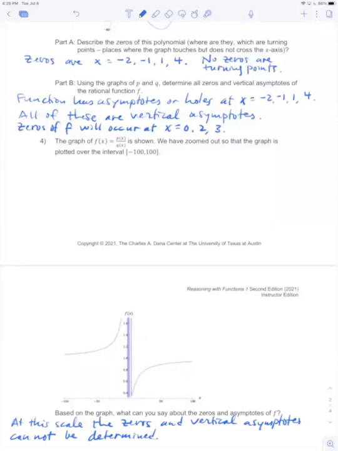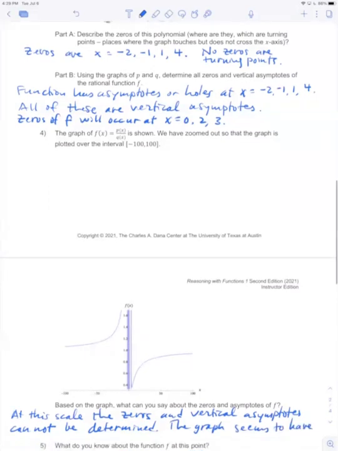So the graph seems to have a horizontal asymptote, and it looks like it's going to be 1. So y is equal to 1, that horizontal line.